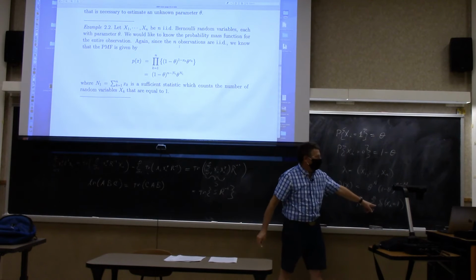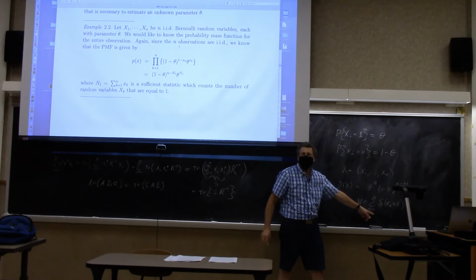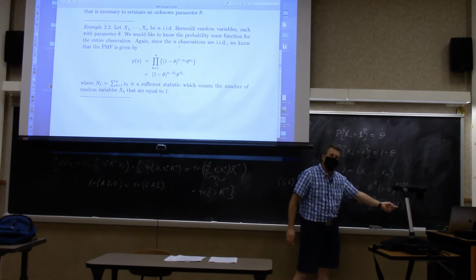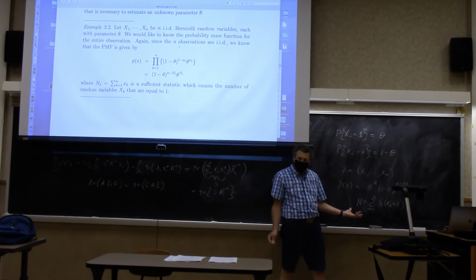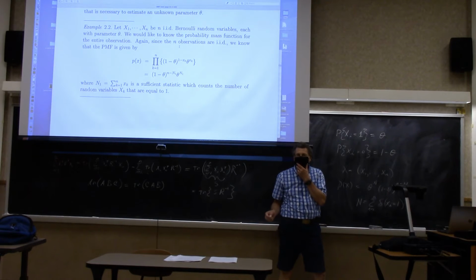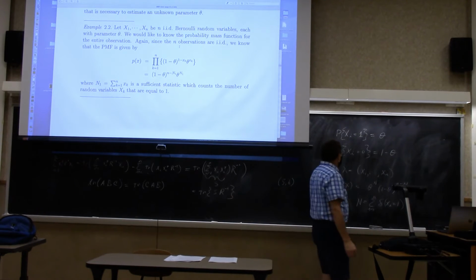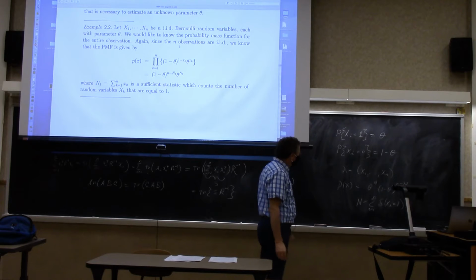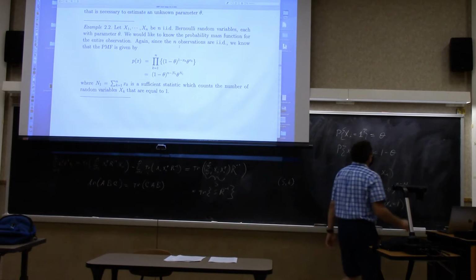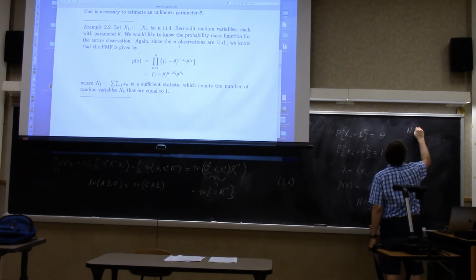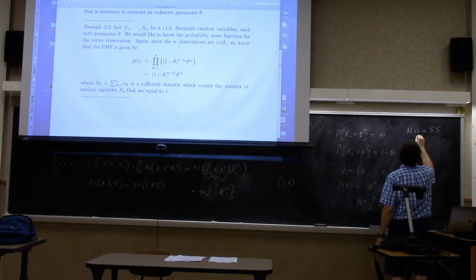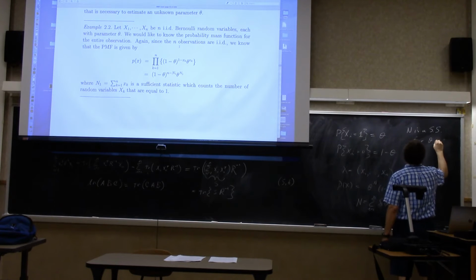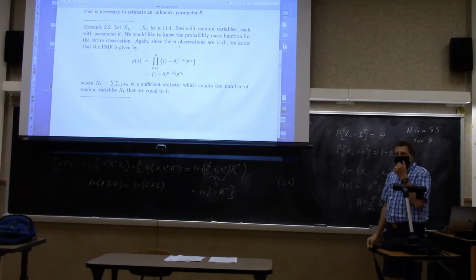So what I mean here is delta is a function which is equal to 1 when xi equals 1, and equal to 0 otherwise. So the n here is just counting the number of times xi is equal to 1, right? And it turns out n is a sufficient statistic for theta with this distribution, okay?